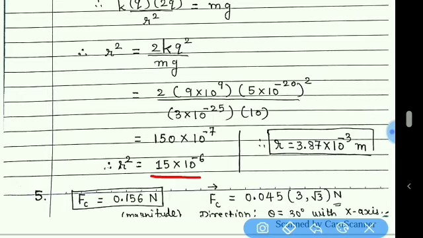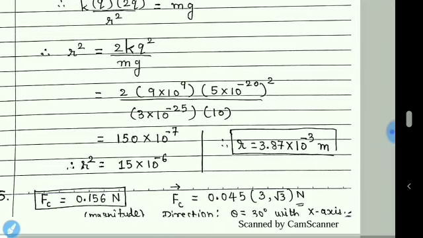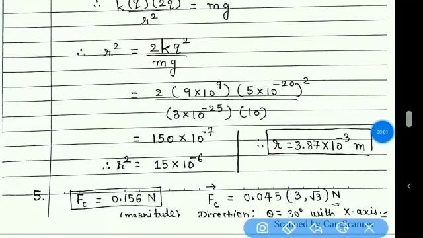Now you can easily take the square root. If we take the square root of 15 with the help of a calculator, we will directly get 3.87, and for the square root of 10 raised to minus 6, simply make the power half. You will get 10 raised to minus 3. So you will get the answer r is equal to 3.87 into 10 raised to minus 3 meter, which is the distance between the two charged particles.